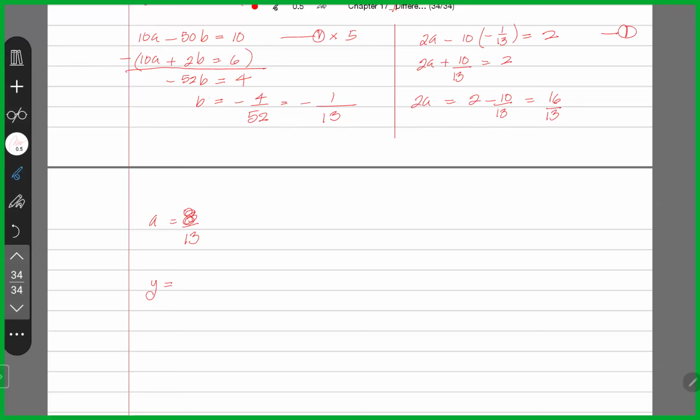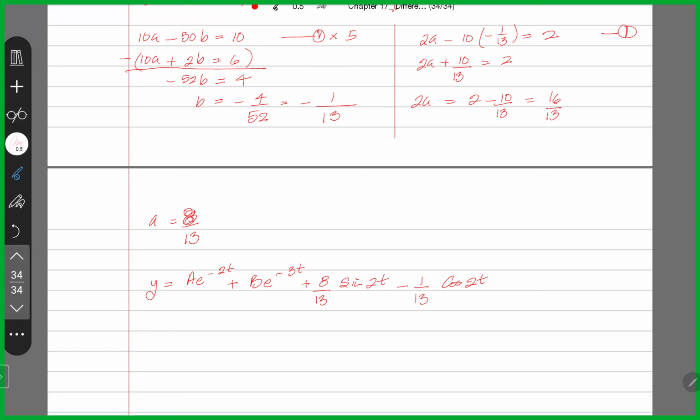Y is equal to A e to the minus 2t plus B e to the minus 3t plus 8 over 13 sine 2t minus 1 over 13 cos 2t.